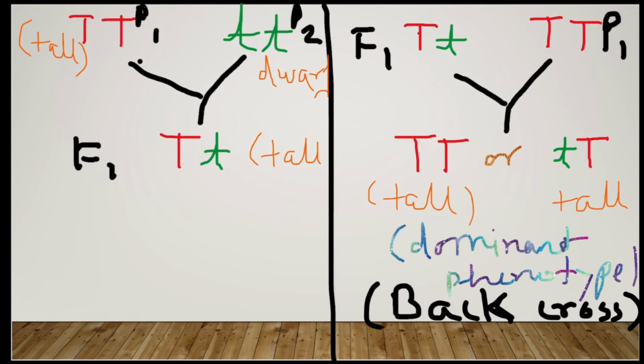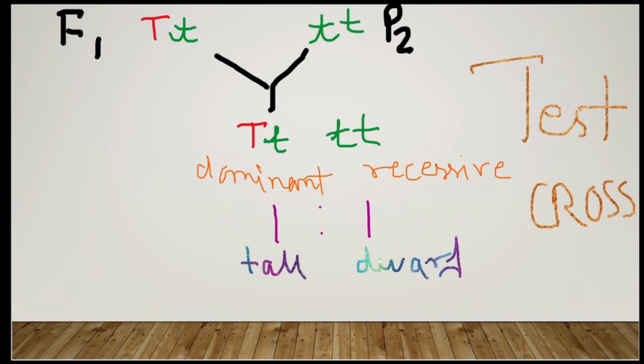We were finding here that all the plants are tall, and this is called a back cross because we are taking the P1, or dominant parent. But in a test cross we are taking the recessive parent, and we are finding that the result is 1:1 in dominant and recessive ratio.